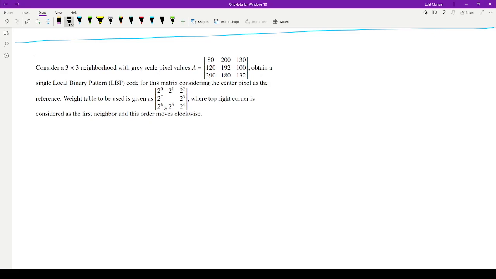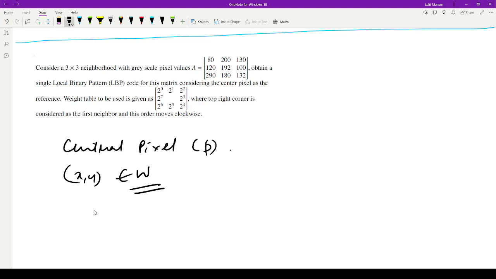So what is local binary pattern? We have some central pixel. We decide a neighborhood pixel x comma y. X comma y is in the neighborhood or in the window.